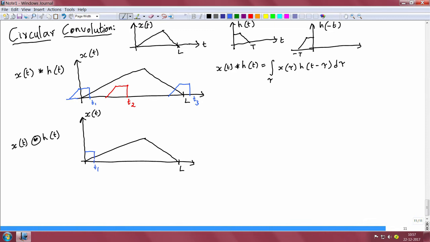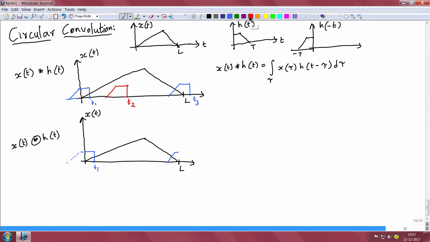Within the limits of the signal x1, we multiply the same signal t1, but wherever it goes beyond the limits of the x1 signal, we wrap it back from the end. So, it goes back like this to the end, and now we multiply these two and add it. So, this is the circular convolution.